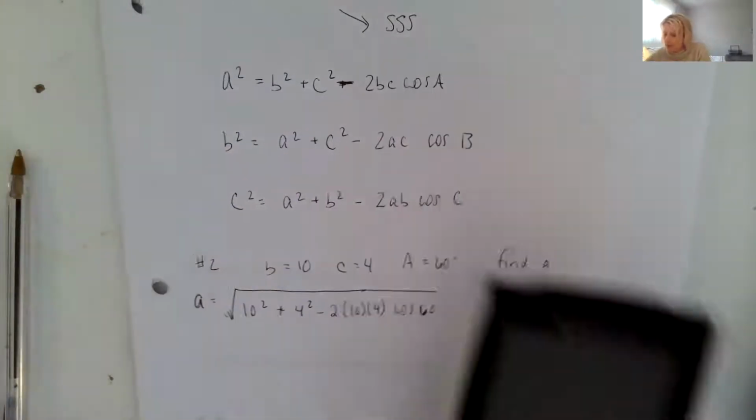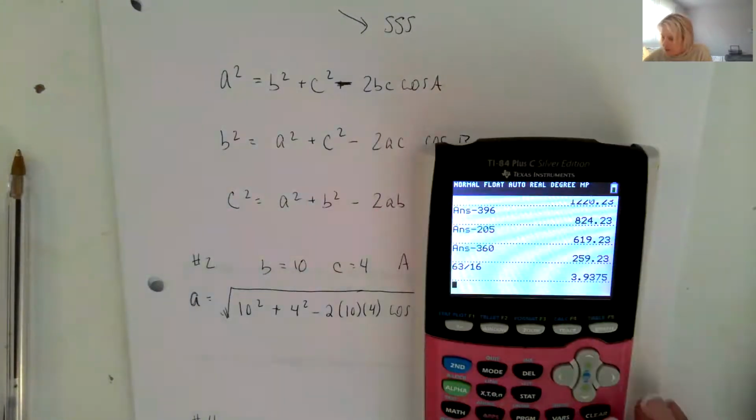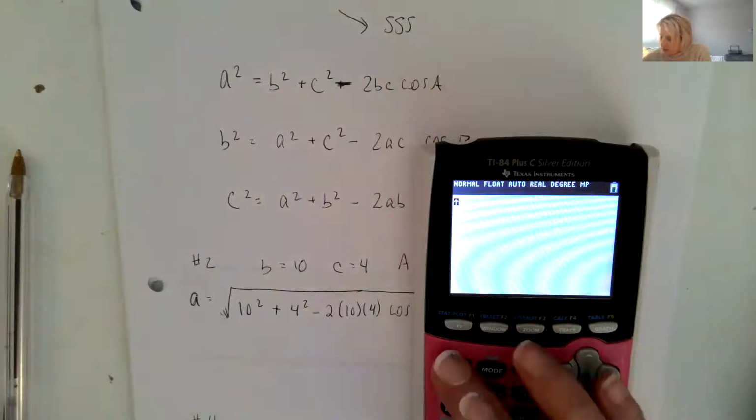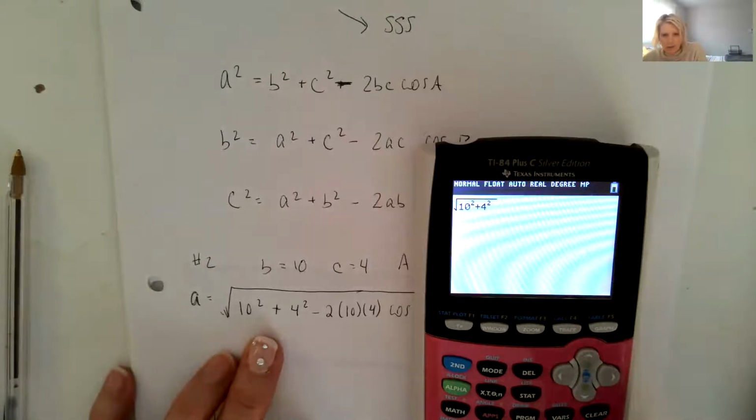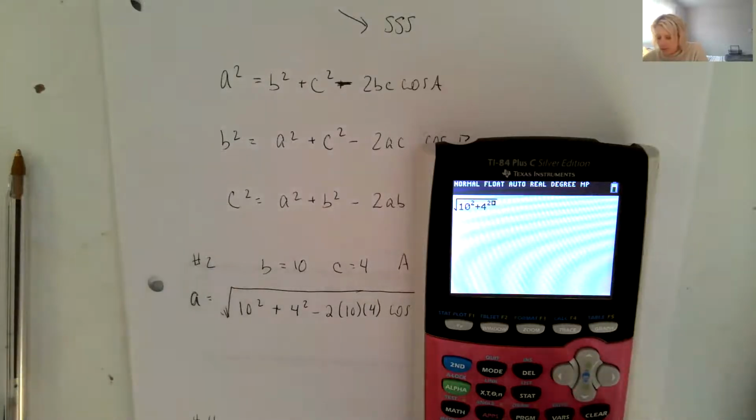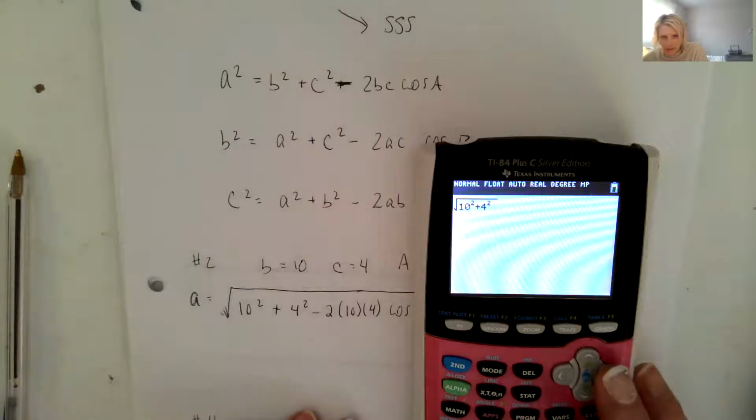And we can put this right into our calculator, and once we get it in, we can kind of keep using it. So this is going to be the square root of 10 squared plus 4 squared. And the reason I'm not just squaring them in my head, which I could, is because now I can just use this formula even when I've got decimal values.